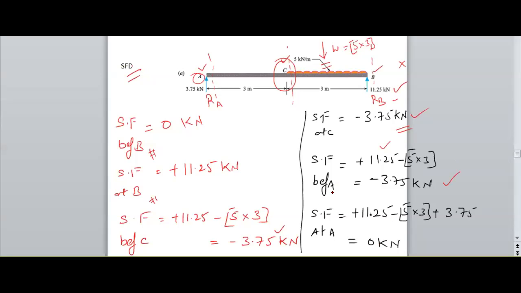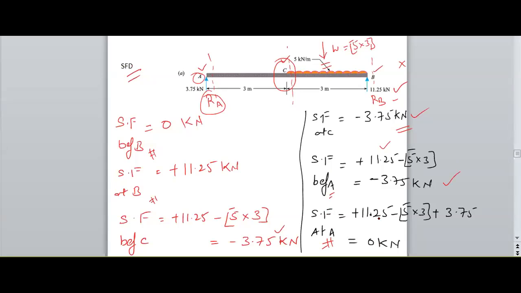So if you see here a point load of RA which is moving upwards, therefore I need to find at A also. Before and at need to be considered whenever the point load is acting at that location. Otherwise, no need of finding both. Directly we can go for the at.